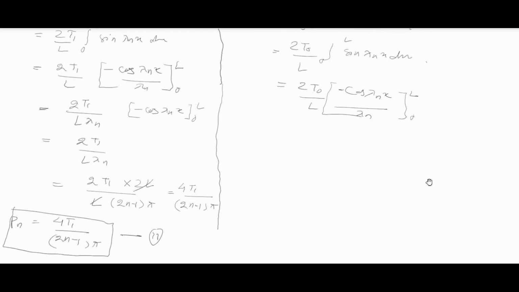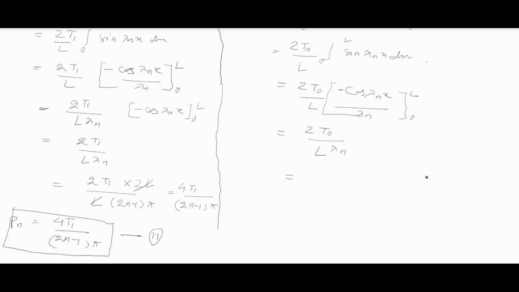What we will get? That is equal to 2T0 by L into minus cos lambda n x, which will give us 1 within the limits 0 to L, and by lambda n. So we will get 1 by lambda n.